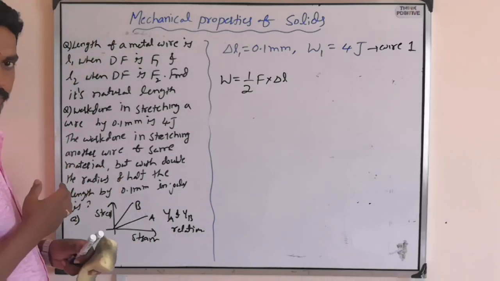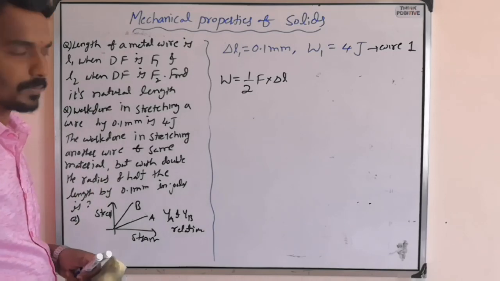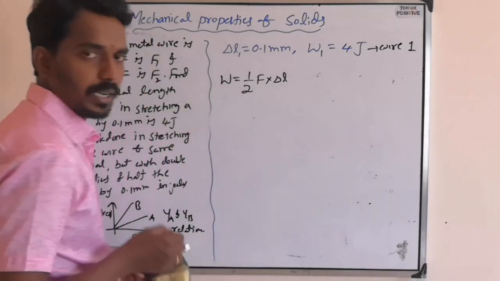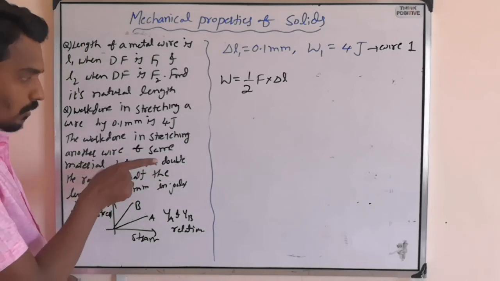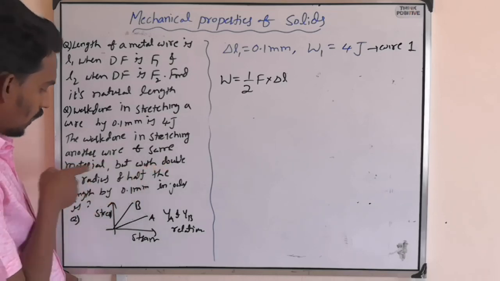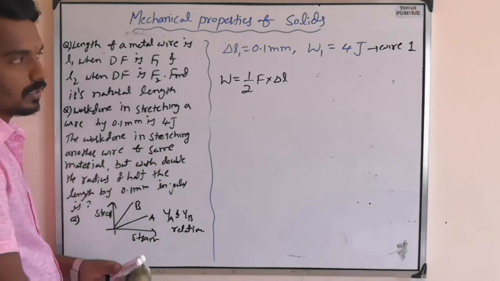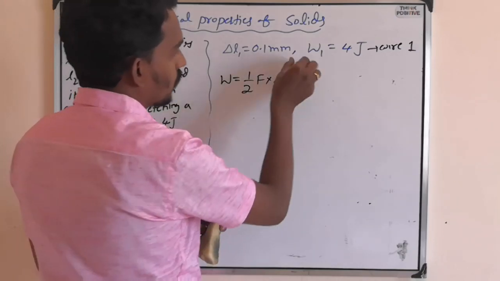But we don't know what the force is. They did not mention it, so we don't know the equation for F. But they mentioned that the other wire is of the same material but with double the radius and half the length.